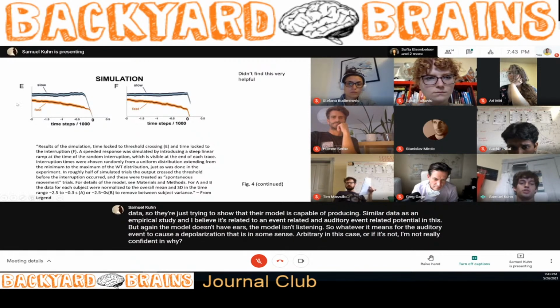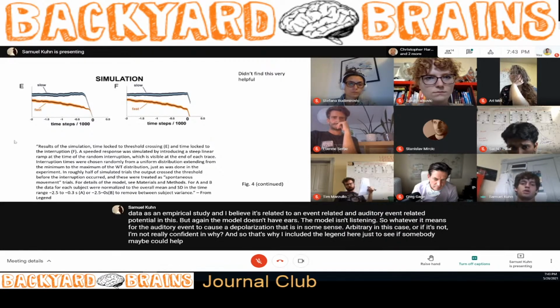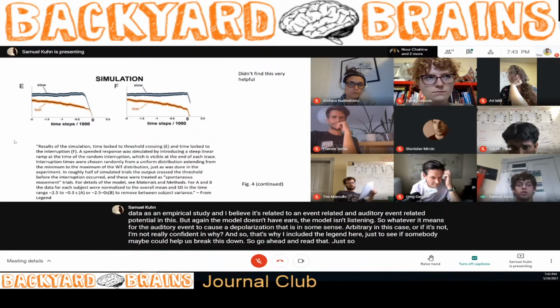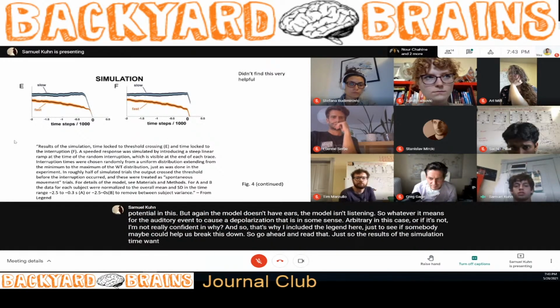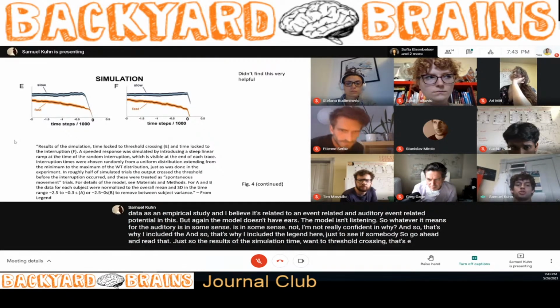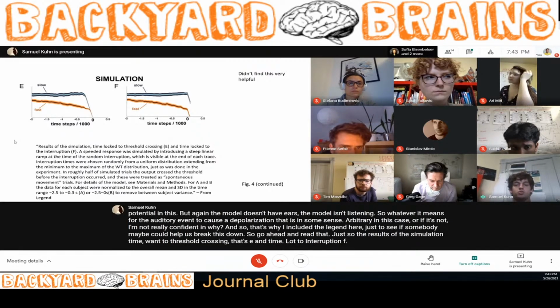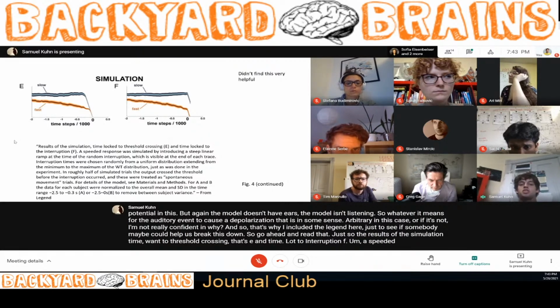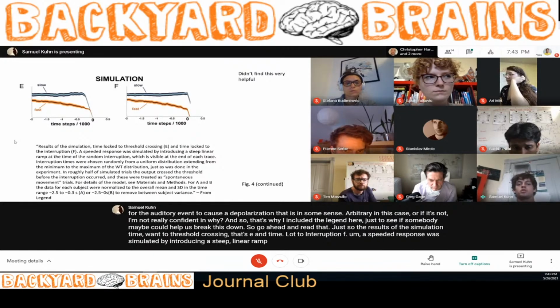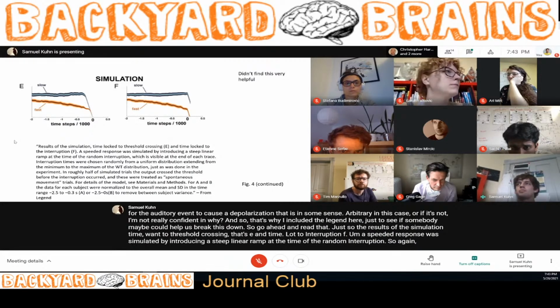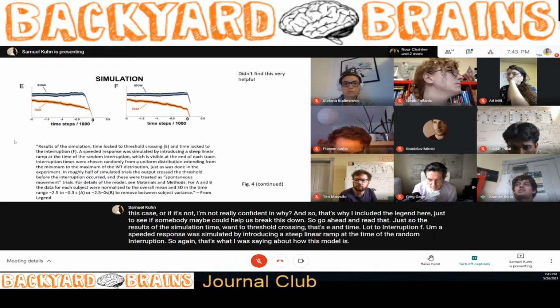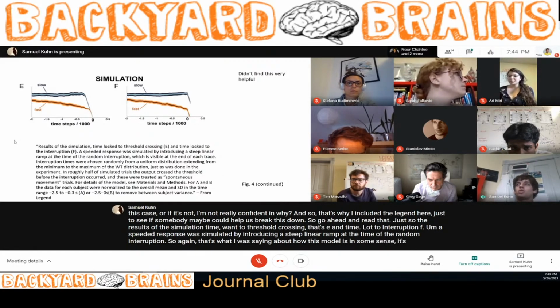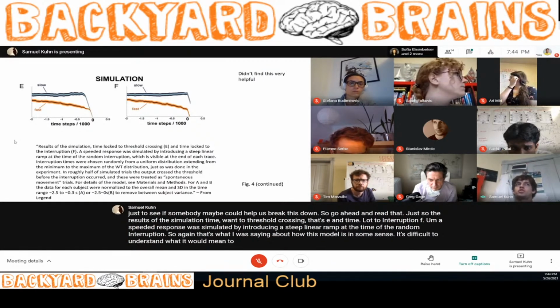And so that's why I included the legend here, just to see if somebody maybe could help us break this down. So I'll go ahead and read that. The results of the simulation: time lock to threshold crossing, that's E, and time lock to interruption, F. A speeded response was simulated by introducing a steep linear ramp at the time of the random interruption. So again, it's difficult to understand what it would mean to cause an interruption to this model, because the model isn't actually listening.